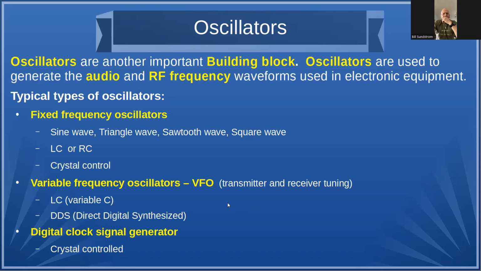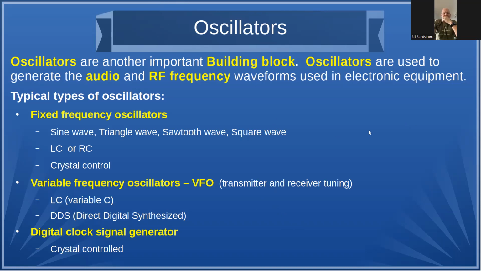Most of the VFOs that you're going to see in modern radios are going to be done with a varactor, a variable capacitance diode. So you're using a diode in reverse fashion and taking advantage of the fact that there's a capacitance across that diode junction, and it varies with the reverse bias voltage on it.